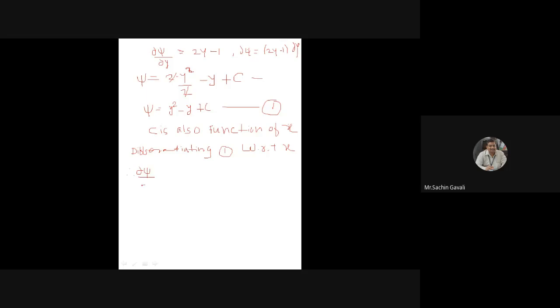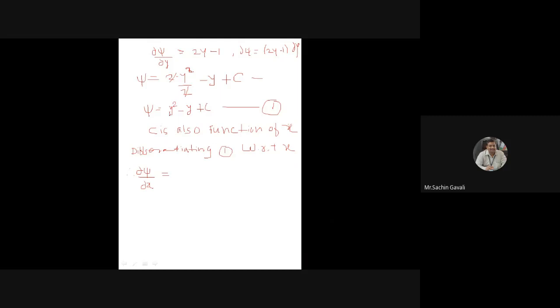Dou psi by dou x is equal to, with respect to x we differentiate. Then what will be? You tell. I know everything, but you tell. Interaction should be there. Unmute and tell. Somebody can unmute so that I can hear.